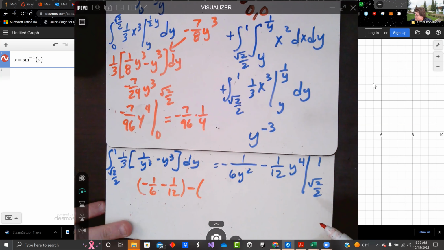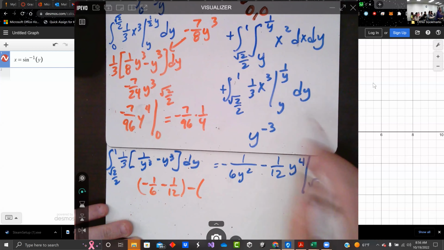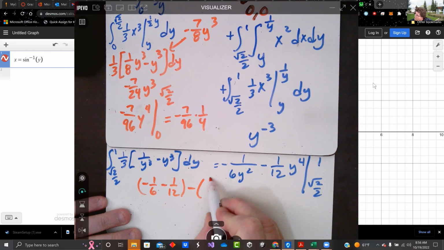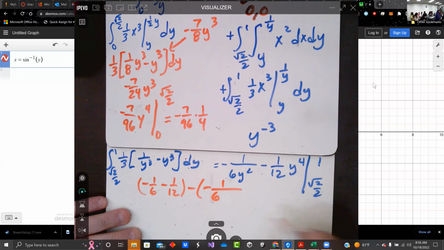Yes, square root 2 over 2 on the y bound, y from here to here. So this is -1/6. Oh, I see what you're saying. You change that. 2 over 4.